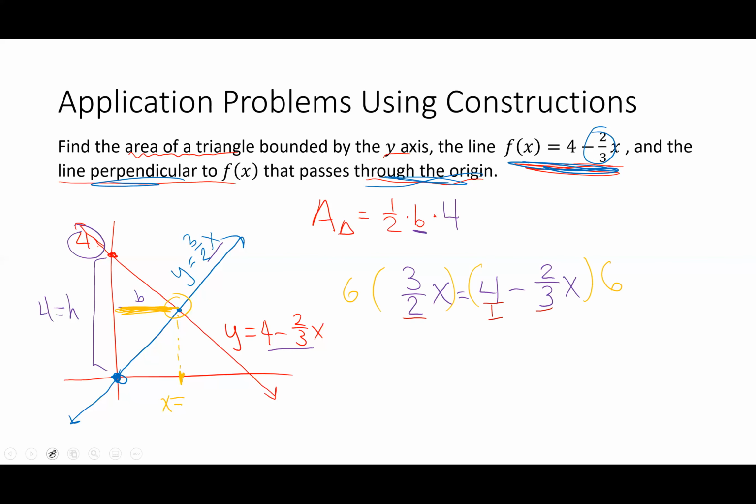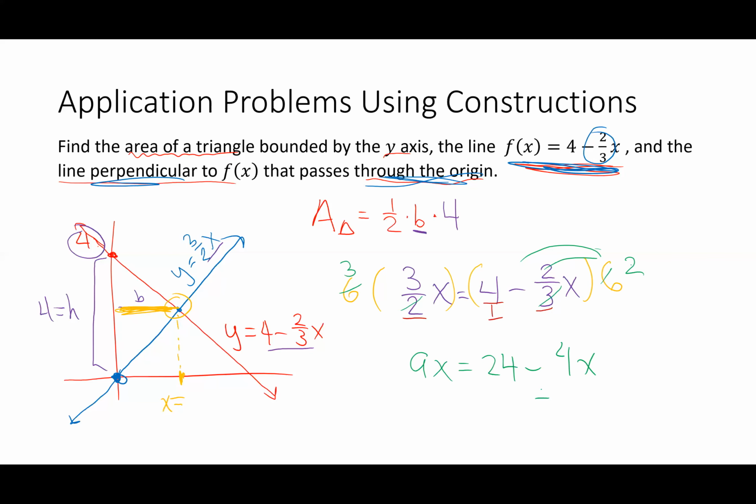When I do that, 6 cancels the 2 and changes this into a 3. 3 times 3 is 9x. Then I distribute the 6. 6 times 4 is 24. And then the 6 and the 3 cancel the 3, but change this to a 2. So 2 times 2 is 4x.